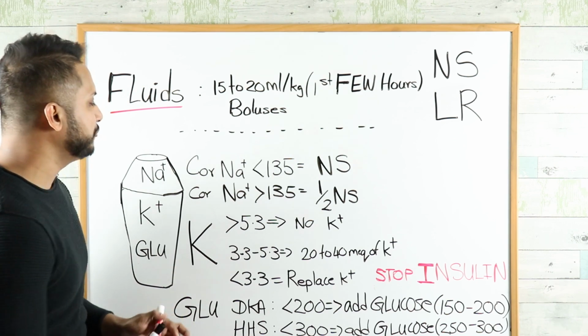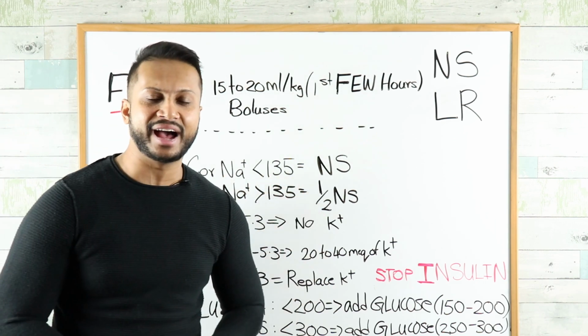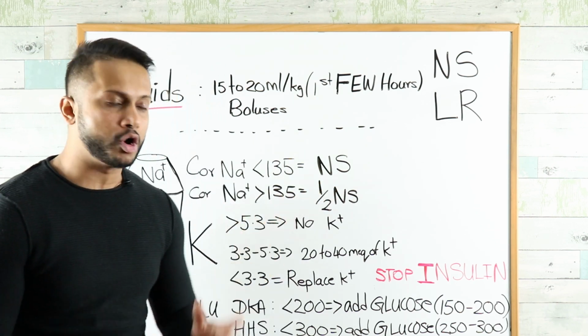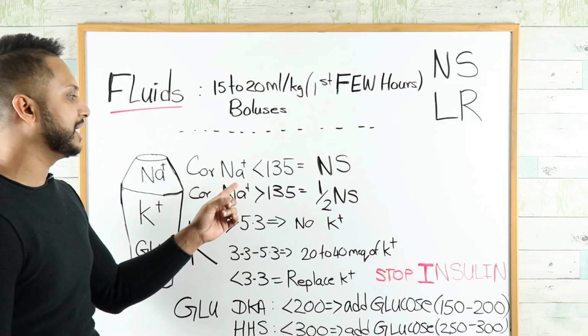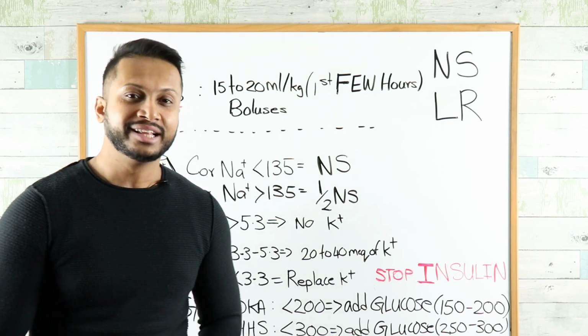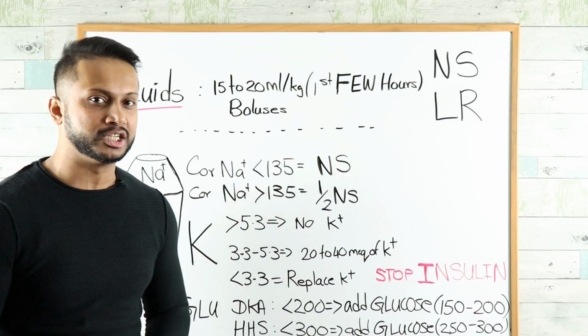Alright, so once you have your corrected serum sodium levels, you are going to do the following. If your corrected serum sodium level was less than 135, at this point you would just use normal saline. So into your cocktail, I'm going to throw normal saline in if the patient had a corrected serum sodium less than 135. That is the only time that you would use normal saline during your maintenance phase.